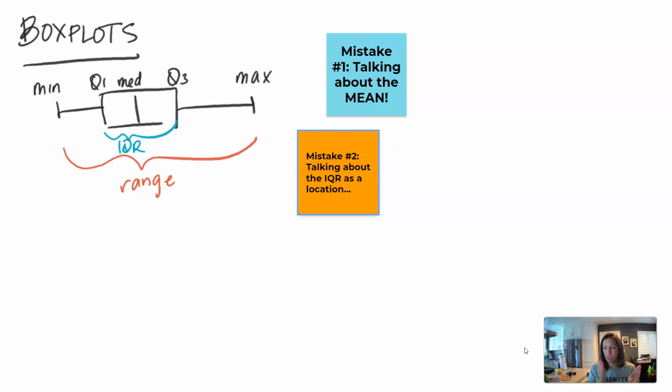From Q1, the median, Q3, that entire box was shifted to the right. But the IQR itself is a singular number that talks about spread. So you don't want to be using the IQR to talk about a typical value or a difference between two groups unless you're talking about how spread out or variable the measures are for those two groups.